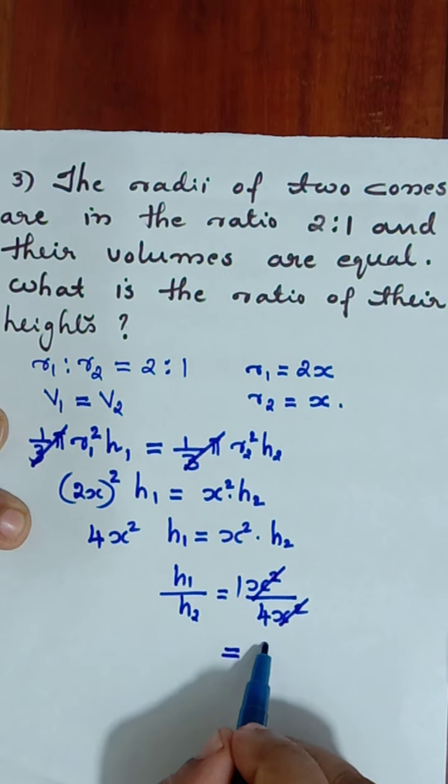Cuboidal pond is having length 80 meter and breadth 50 meter. So we got L is equal to 80 meter, breadth is equal to 50 meter. In this pond 500 persons are taking the dip. What is the rise of water level in the pond? Rise of water level, we have to find out what is h. If the average displacement of water by a person is 0.04 meter cube.